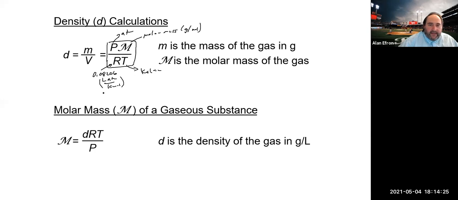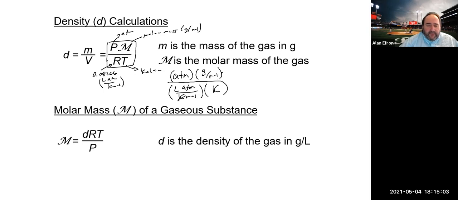So what do we end up with in terms of units when we figure out the density of a gas? As we talked about earlier, the units that we associate with the density of a gas are oftentimes different than those of a solid or a liquid. If we put our units into that formula, we have atmospheres, grams per mole, liters atmosphere per Kelvin mole from the gas constant on the bottom, and Kelvin.